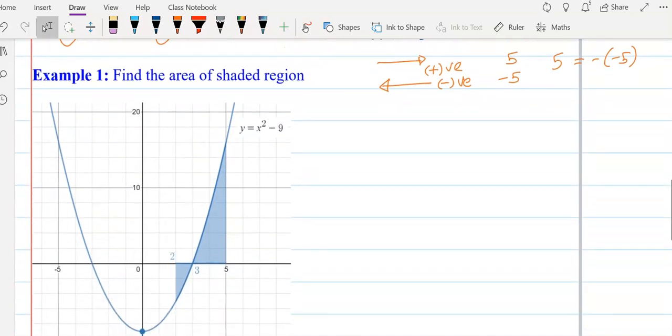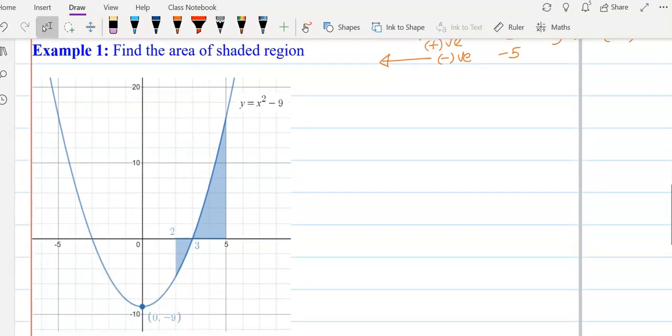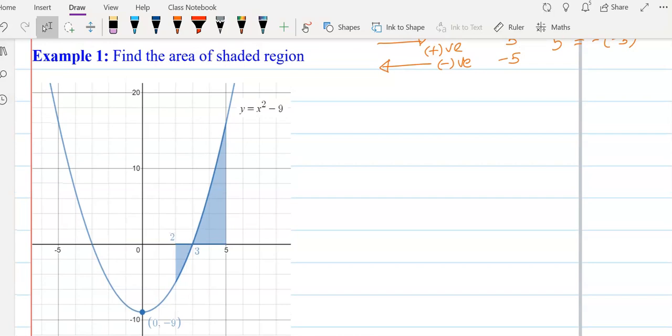Let's have a look at an example. Just to go through here, we need to find the area of the shaded region. So remember, shaded. Now you can see the graph goes through the x-axis at 3. What it means is we need to split the graph, or rather the integral.